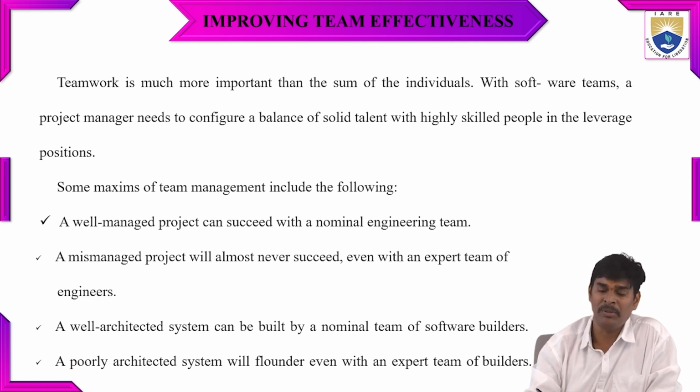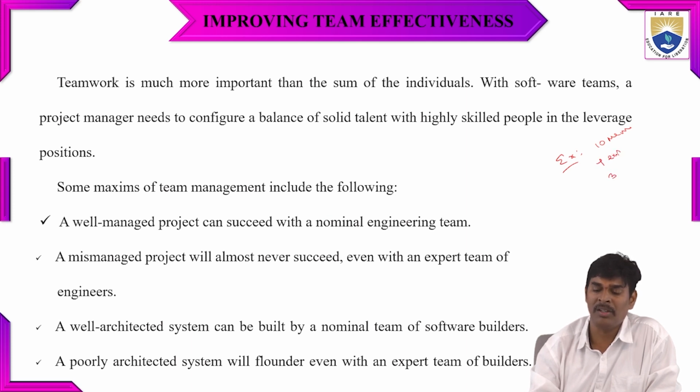As I told, if there is a communication gap from one team member to another, then it will not win the project within the time. So for example, if you have 10 members in a team, out of the 10, 7 are experts and 3 members are not cooperating with the team members. So what will happen means this project cannot succeed within the time. Why? Because there is no cooperation between the team members, so it will be a mismanaged project.